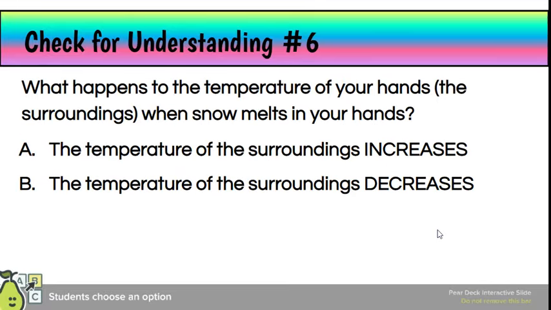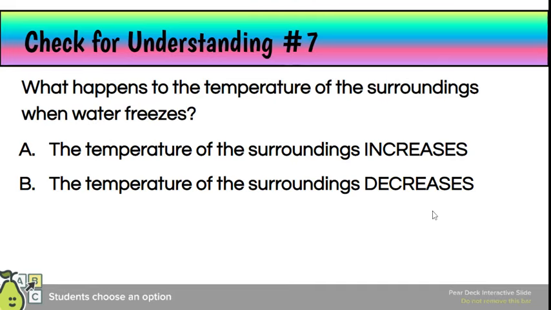Here's number 6. What happens to the temperature of your hands, the surroundings, when snow melts in your hands? Number 7, what happens to the temperature of the surroundings when water freezes?